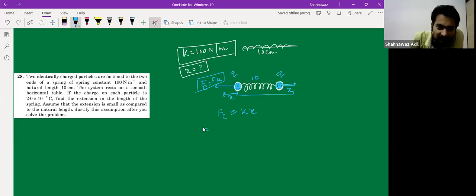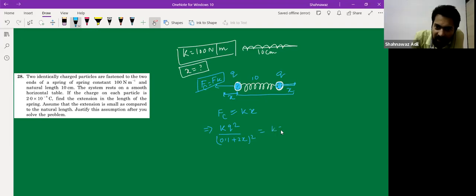Fc is K Q square by 0.1 meter plus 2x whole square, where we have changed centimeter to meters, so it is 0.1.